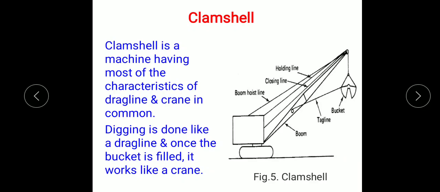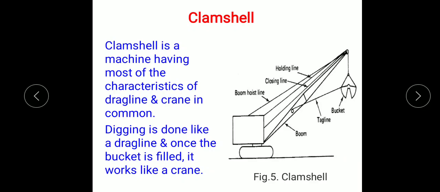After completion of this operation, the cable is then hoisted and swung to the position of dumping, and contents are dropped into dumpers.